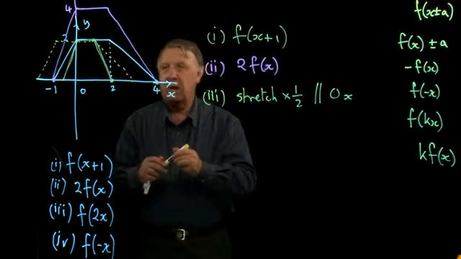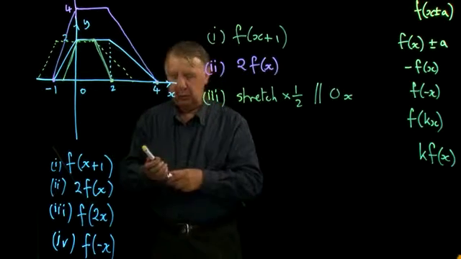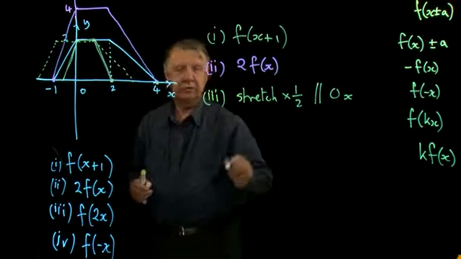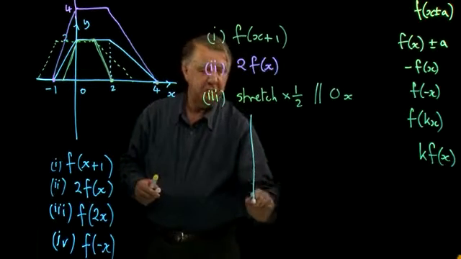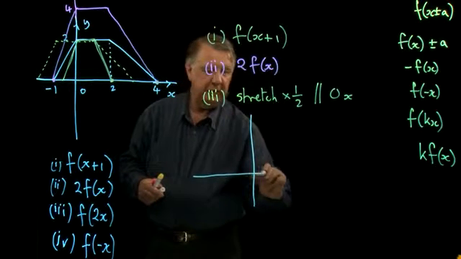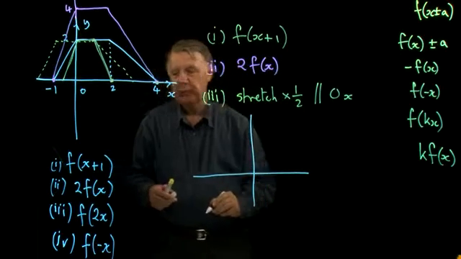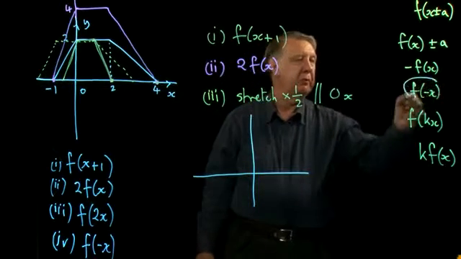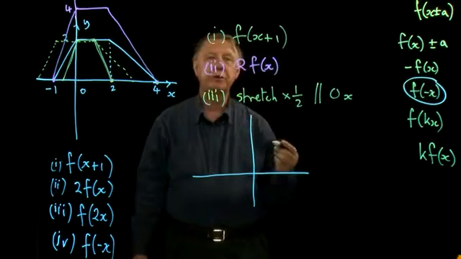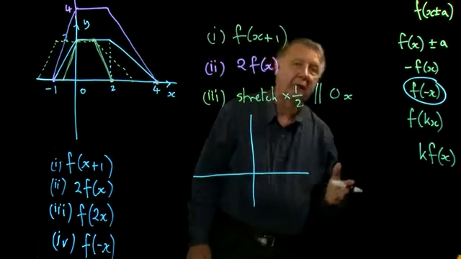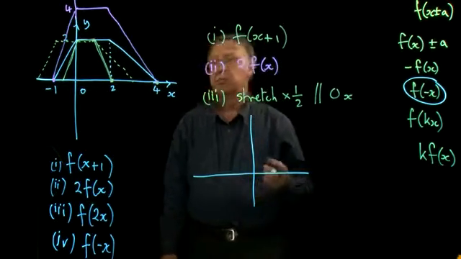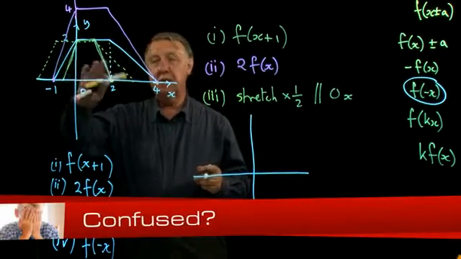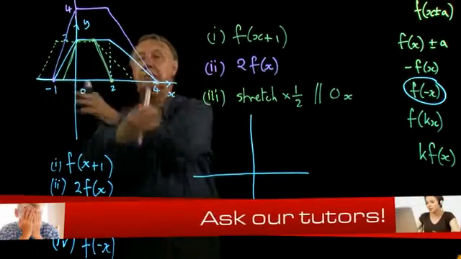Okay, now I'm in trouble, aren't I? I've got quite a lot of lines on there, so let's just try draw in the answer only and see if we can get away with that. Function negative x, one of these. Remember what that was? It was a reflection in the y-axis. Now when you've got things that are both sides of the y-axis to start with, then they swap over.